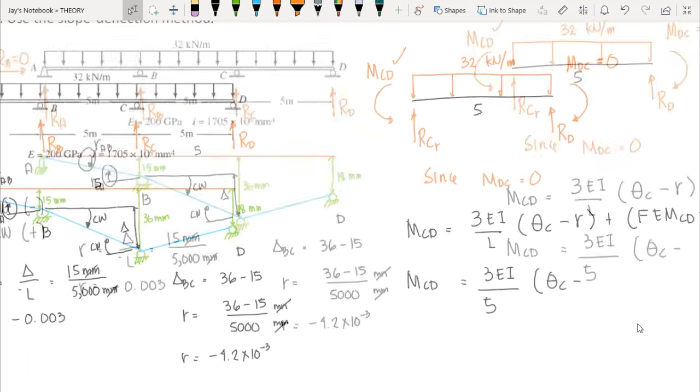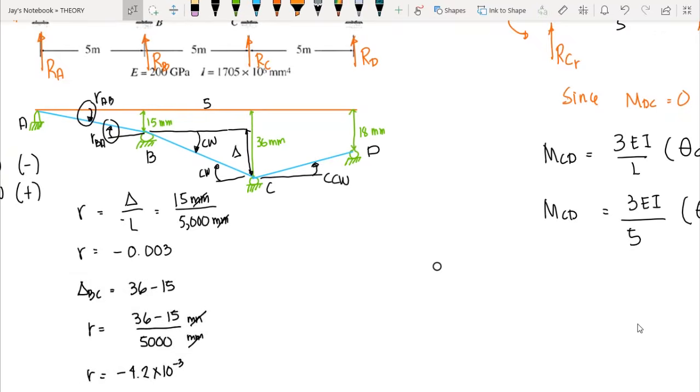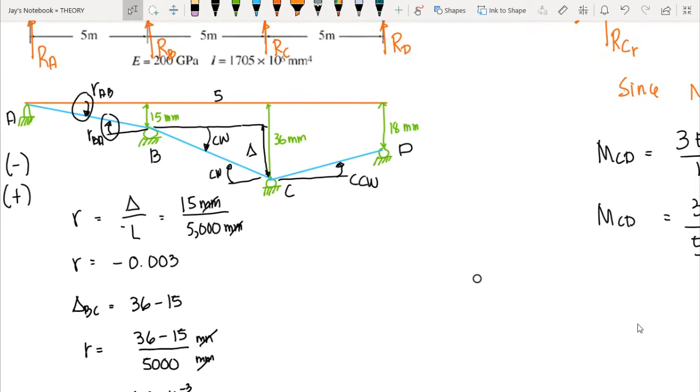Now take note, going back to this deflection, C and D would have a chord rotation, and the rotation is in counterclockwise direction, just like this one. So even if we change the orientation with respect to D, we have still counterclockwise at that point. Now, again, if that is counterclockwise, that means we have positive value for rotation. To compute for the rotation R, we have to compute for the change in settlement over the length.